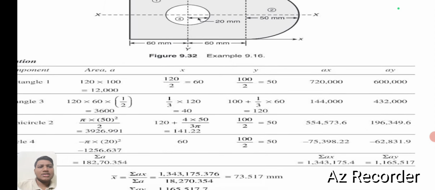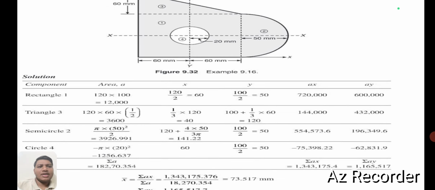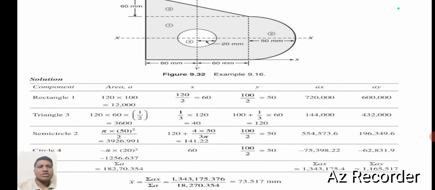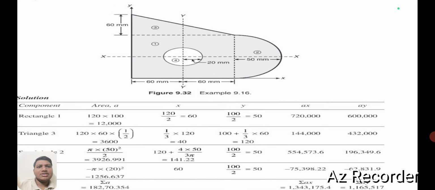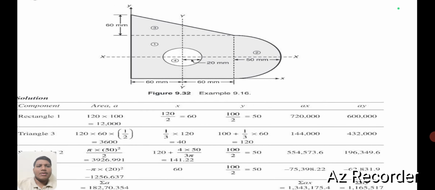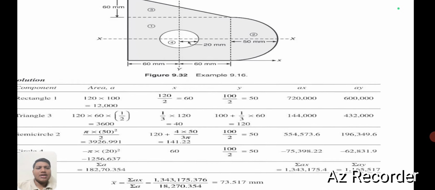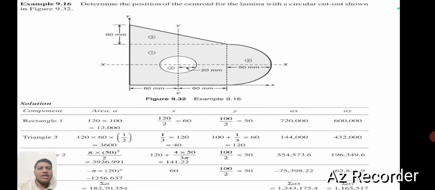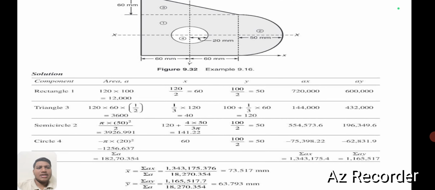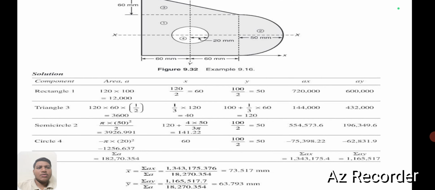Coming to the y-axis, it is 100 plus 1 by 3 into 60. We take 100 because it is 100 above the x-axis, so 100 plus 1 by 3 into 60 is 120. Ax, that is A into x, is 1,44,000, and A into y is 4,32,000.